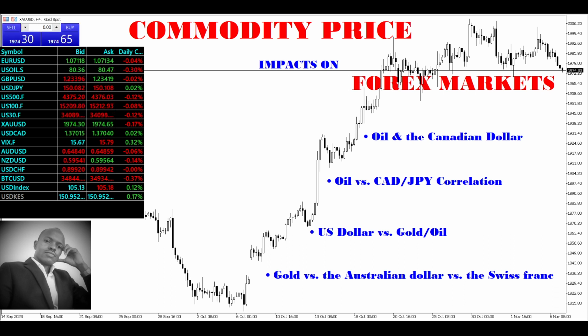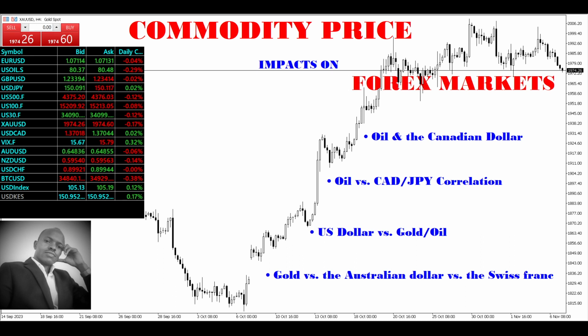In the same manner, whenever the dollar is weakening against the major currencies, the net result is an increase in US dollars that are needed to buy an ounce of gold or a barrel of oil. As a result, oil and gold prices tend to become more expensive relative to the depreciating dollar.